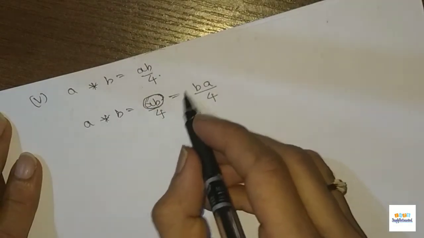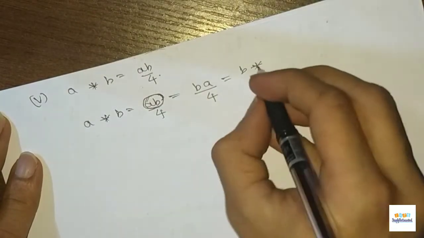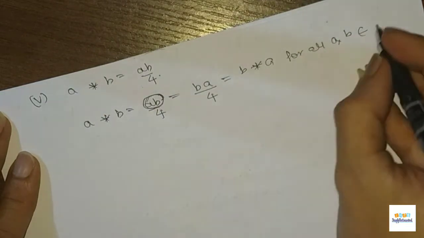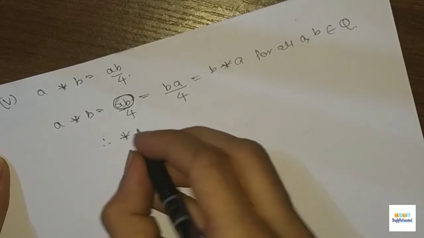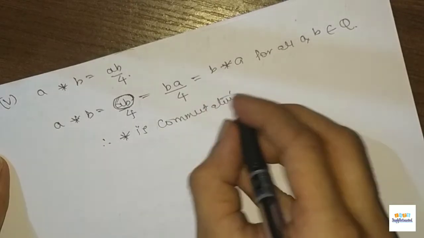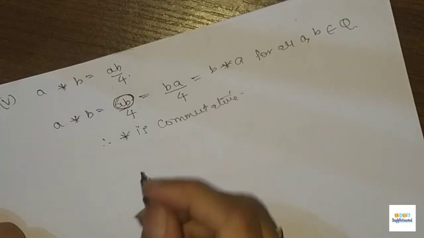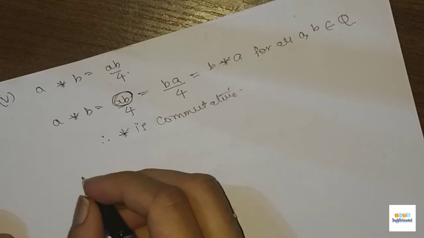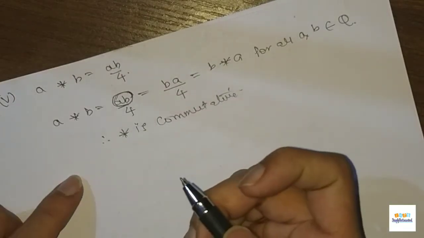So ab by 4 will be equal to ba by 4, which is b star a. And this is true for all a, b belonging to the rational numbers. Therefore star is commutative. Now let us check whether star is associative or not.